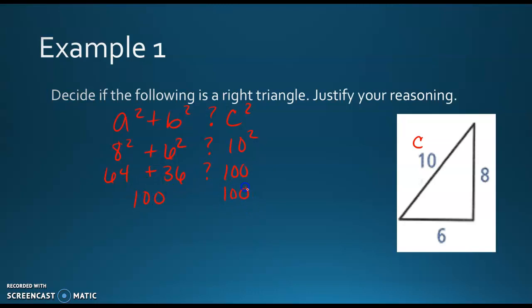We bring that other 100 down, and they are equal. Since both sides are the same, yes, it's a right triangle, because 8 squared plus 6 squared is equal to 10 squared. That's how we knew it. I plugged it in, and I ended up with the same thing on both sides of the equal sign.